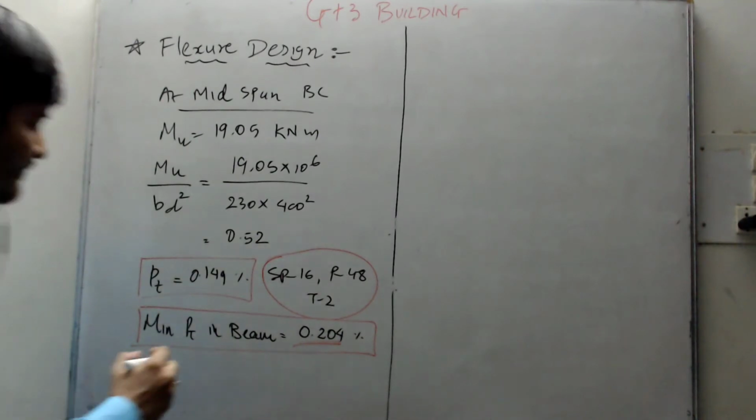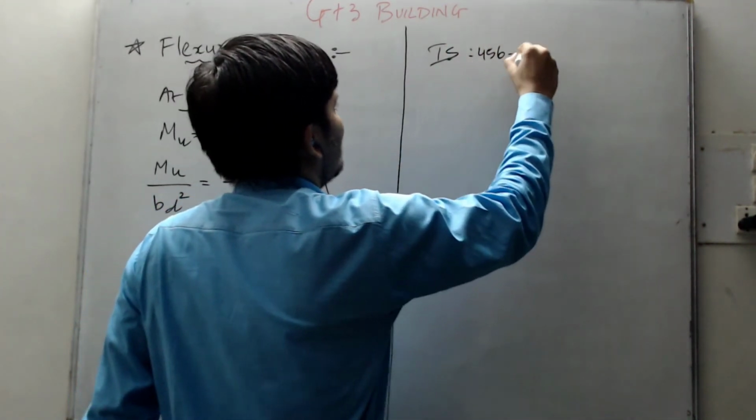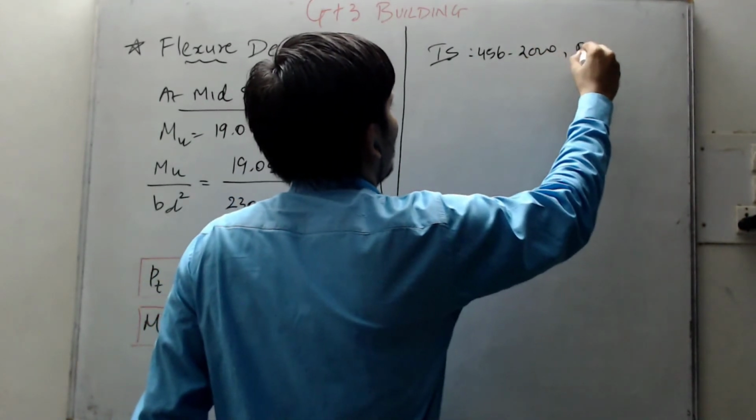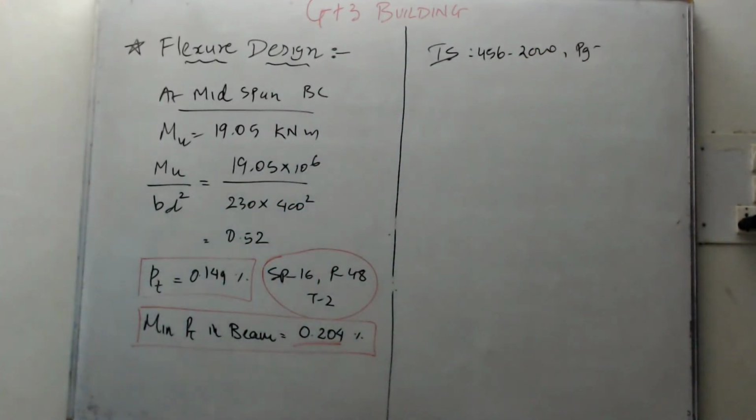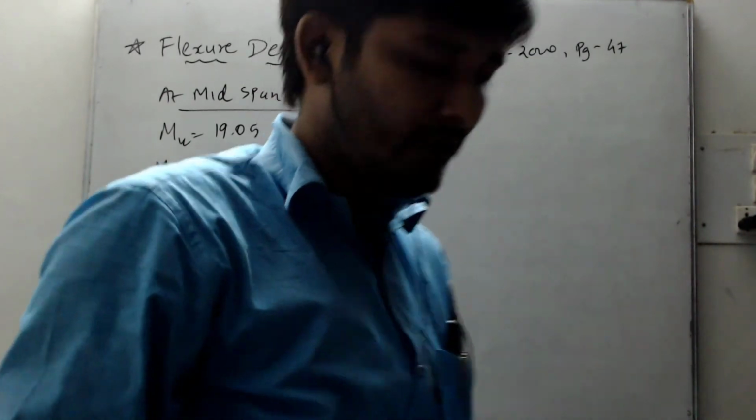You can refer to IS 456, and the page number also I can tell you. Page number is 47. Right, so let me share the screen with you. Page number 47, IS 456 2000. Let's check the code.